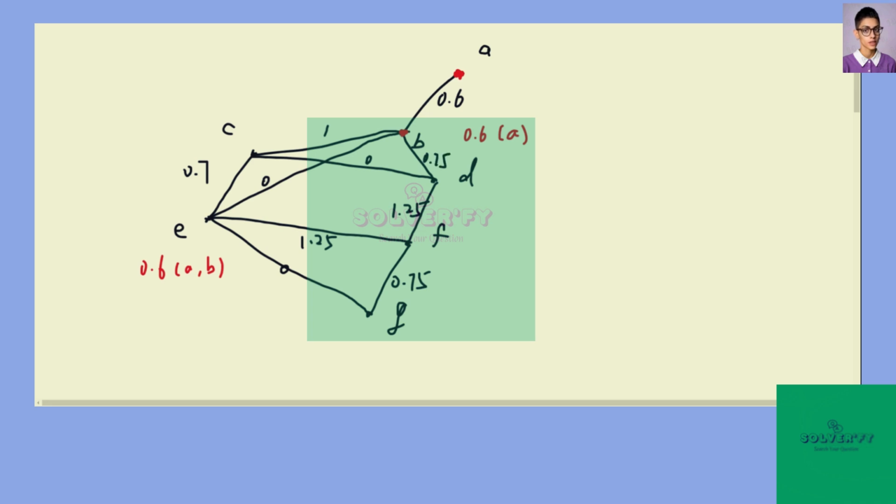Then going from here, we can still reach G, and G still has cost 0.6 again, A, B, E, which means we have no cost going from B to G. And this is actually our answer. If we want to go deeper, we can also calculate the other ones, which is still simple.